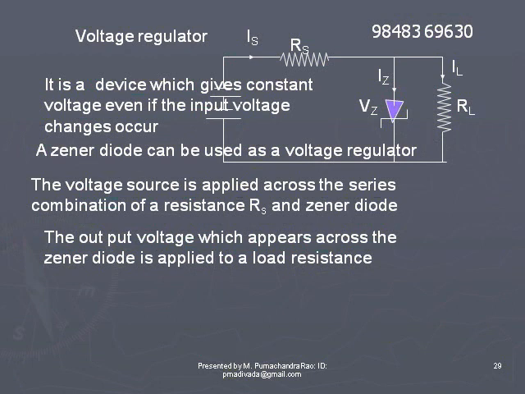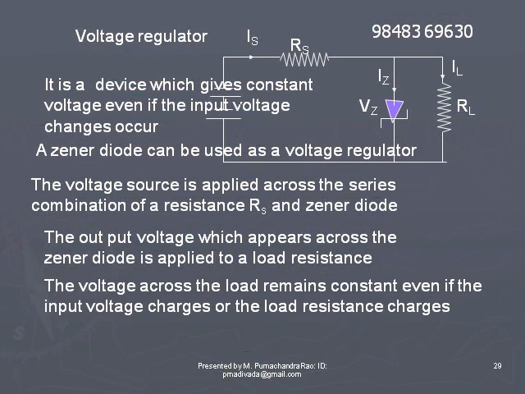Now let us see what happens if the source voltage changes. If the source voltage increases, then Is, the series current, increases. Thereby Iz increases. Even though Iz increases, Vz will remain constant because of the breakdown property. So the voltage across the series resistance Rs increases if the source voltage increases.